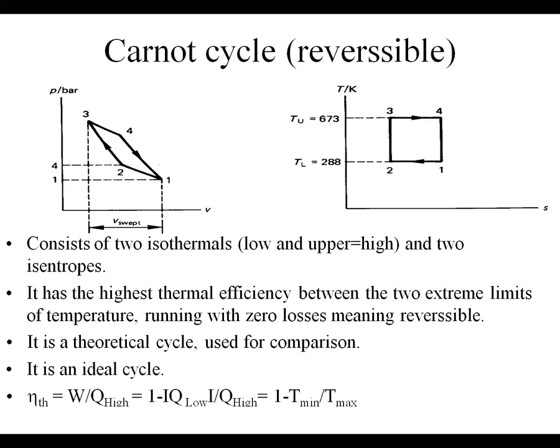So with only two pieces of information, the minimum and maximum temperature, you can calculate the efficiency of the potential ideal Carnot cycle, and this is the maximum that you can achieve with an engine running under the same conditions and limits of temperature without losses. Is it clear for you?